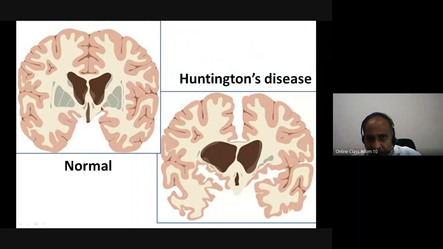These areas of the basal ganglia are absolutely reduced to little. A very little part of the basal ganglia is left. Here, a little more here, and it is absolutely diminished. So that means it is the very late stage of Huntington disease, wherein all parts of the basal ganglia are destroyed.